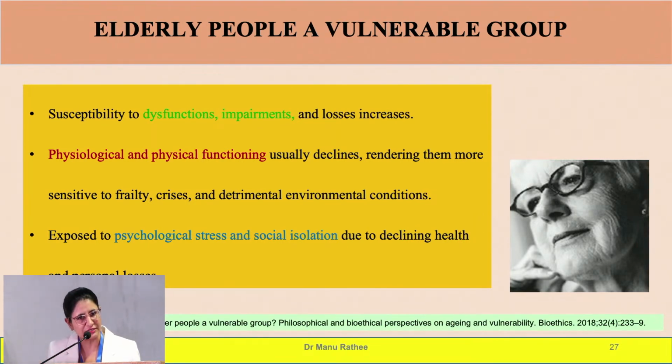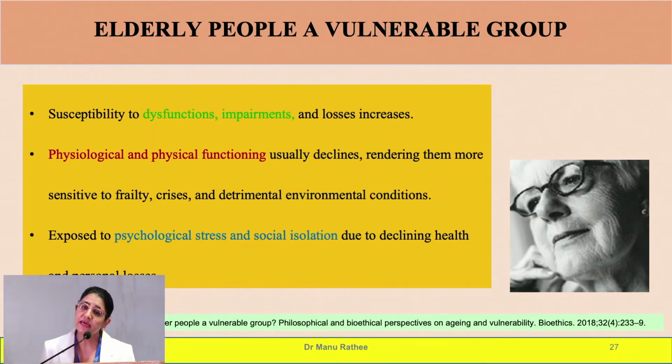But why is this group vulnerable? Now we will try to understand what is so specific about this age group. We've been treating adult patients, starting from those beyond 12 years of age, pediatric, till 65. You have been rendering treatment in your respective specialties, so what is different for this particular age group is what we need to understand. Why are these patients vulnerable?